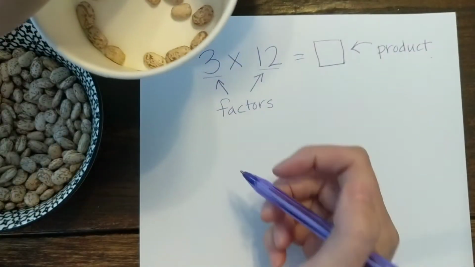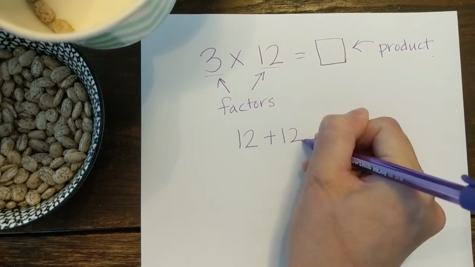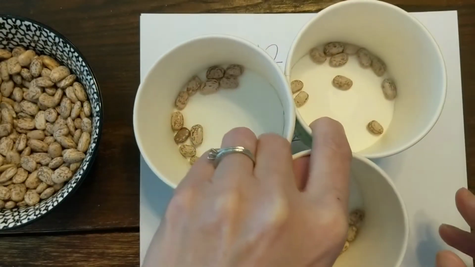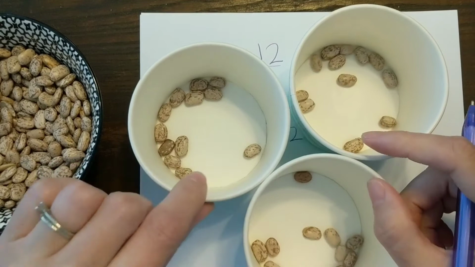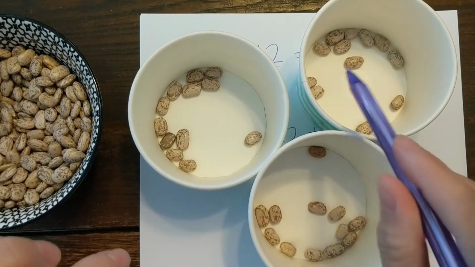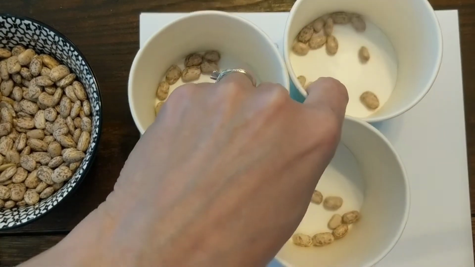So we can think of that as 12 plus 12 plus 12, like a repeated addition sentence. And remember before I said you can take a known factor. I know my 10s really easily. I know 10, 20, 30, and then you could add 2 plus 2 plus 2, because you know your 2s.